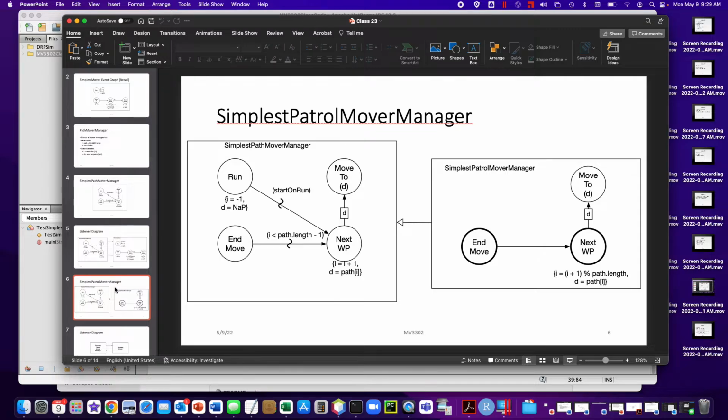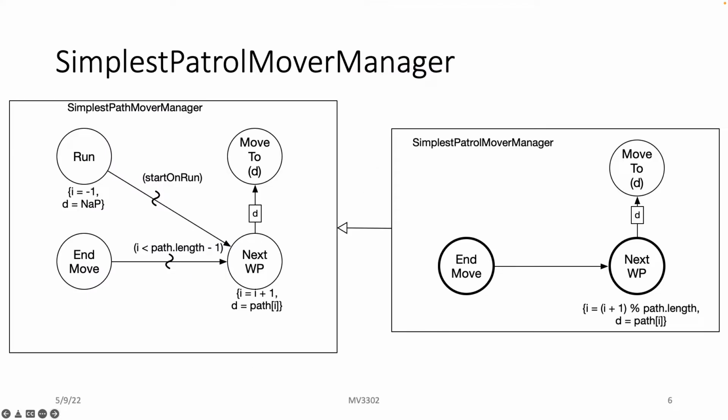So what if we wanted to patrol by moving from each of these waypoints to the next? What's useful here is that we have our path mover manager, and it has almost everything that we want, except we want a slightly different rule.